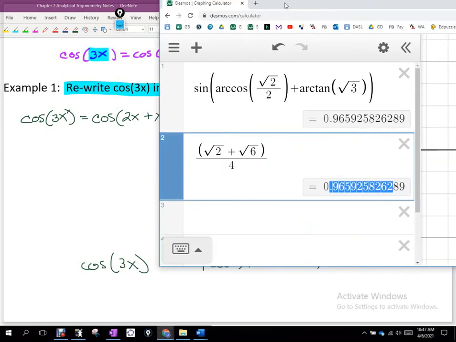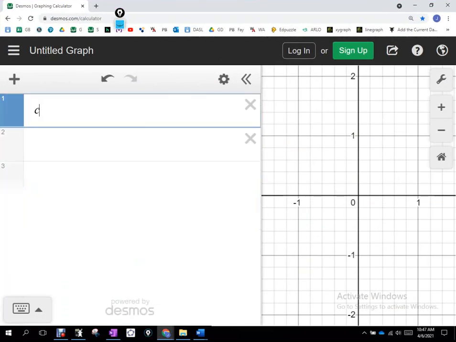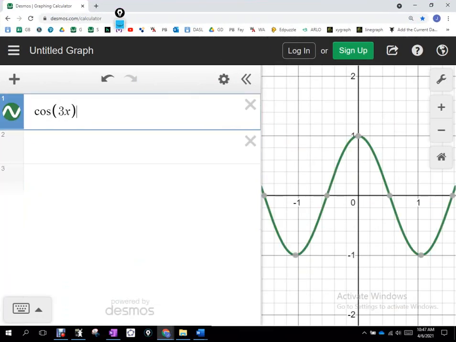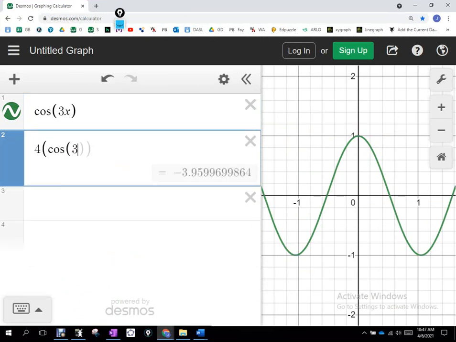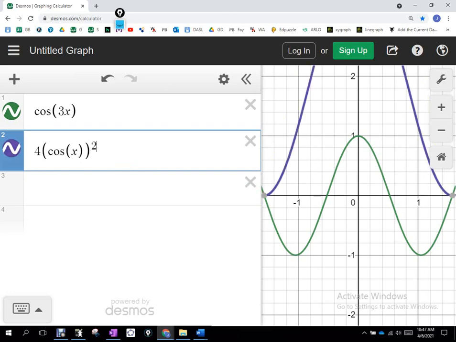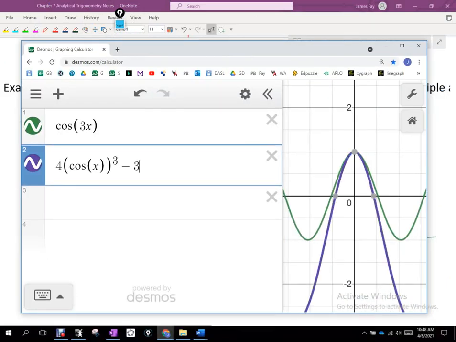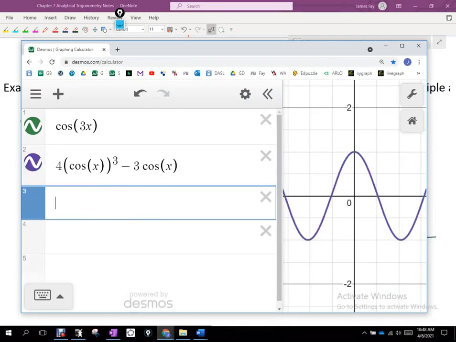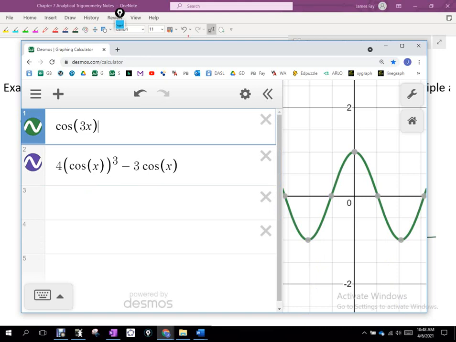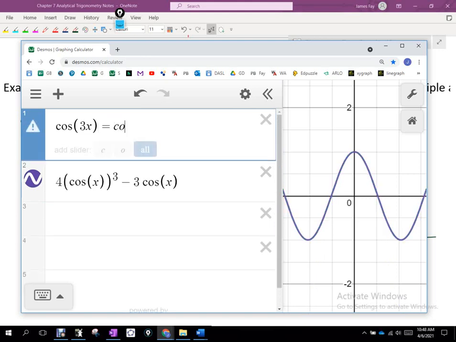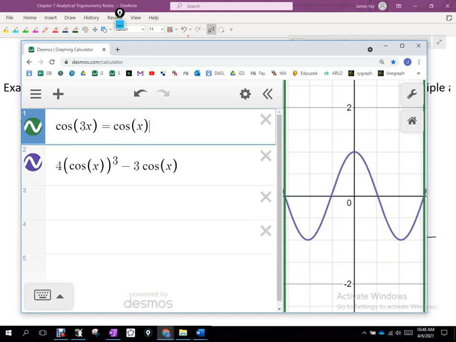We can prove that graphically. Just type in cosine of 3x. I get that. Type in 4 cosine of x cubed minus, was it 3 cosine x? Do the graphs end up being the same? Okay. So remember what our goal was. Our goal initially was to be able to maybe solve this. And we'll get to this question later on down the road.